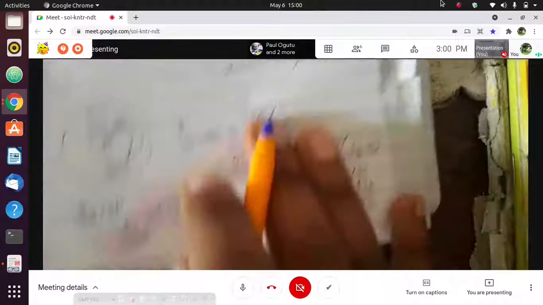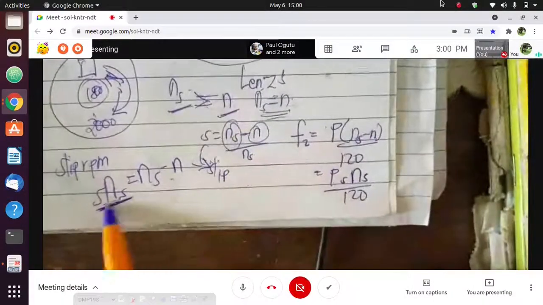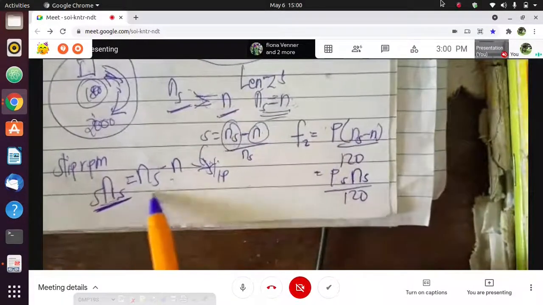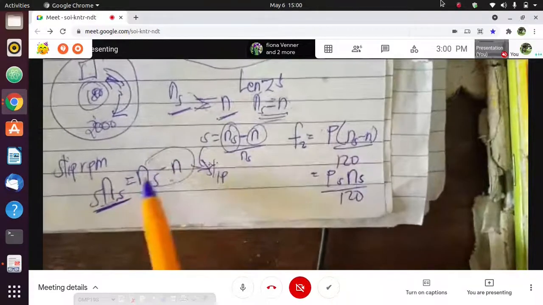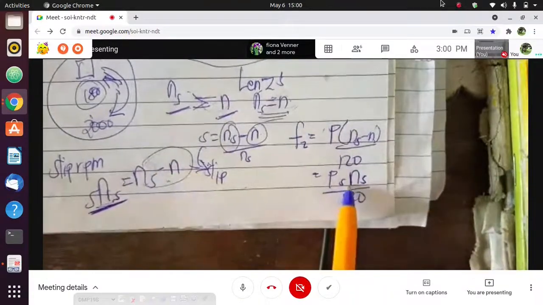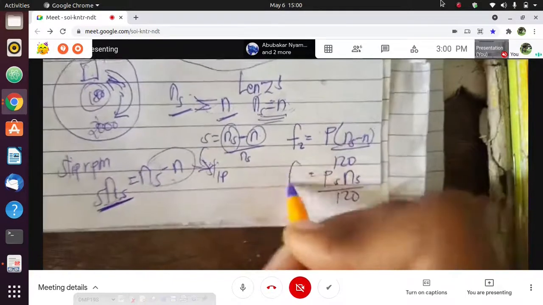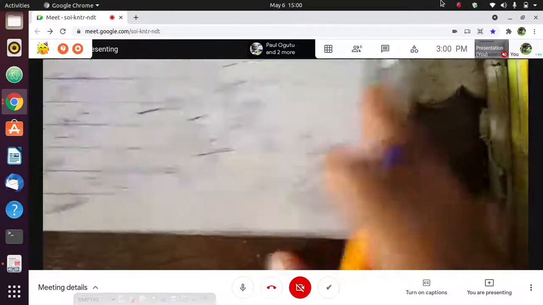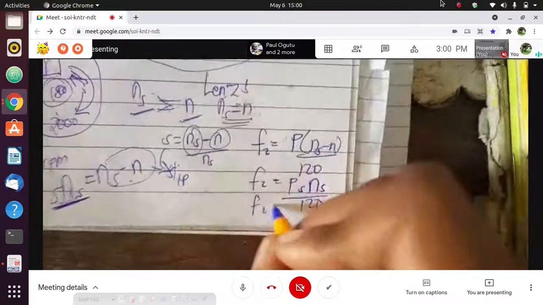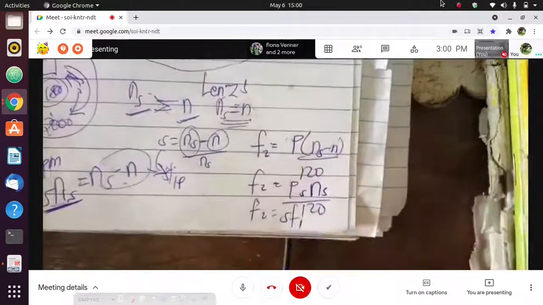Ile ambayo tulipata hapa. When we made S and S as the subject, it is equal to NS minus N. So we can replace this NS minus N with slip times the synchronous speed. This is frequency 2. To give us that, F2 is the same as the slip times F1.